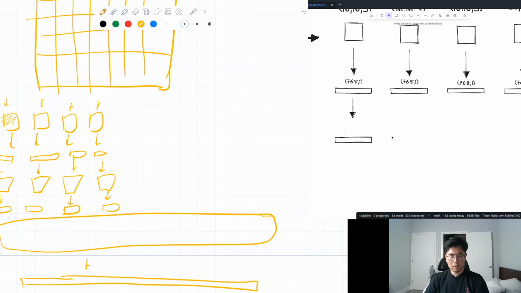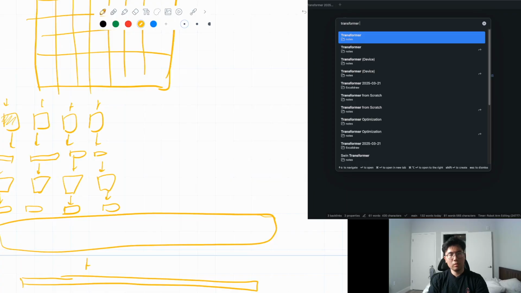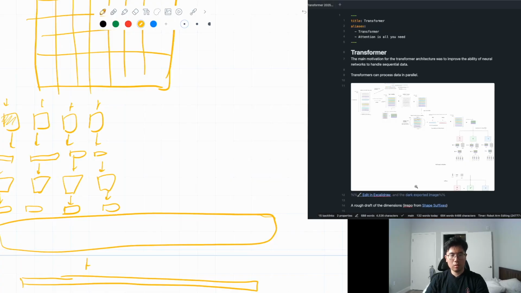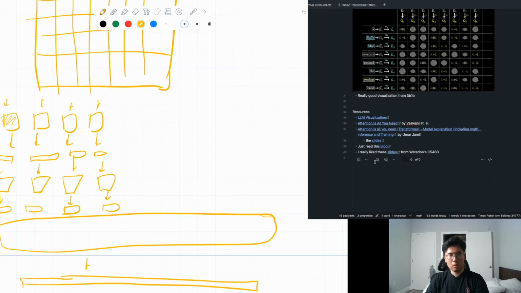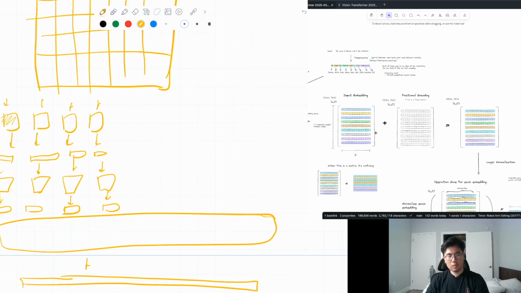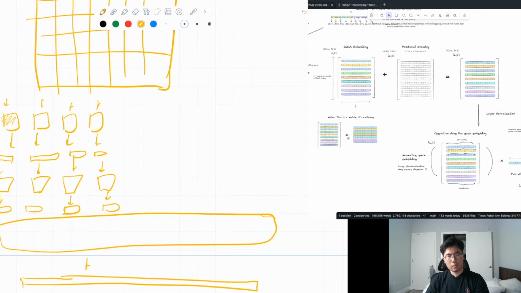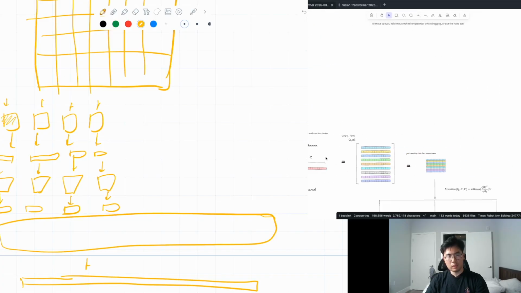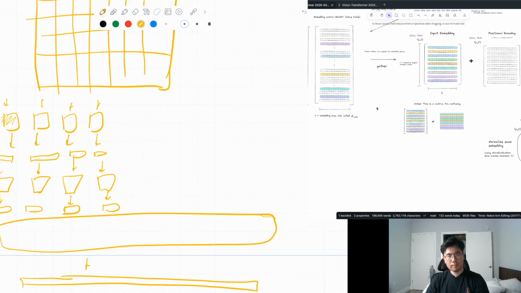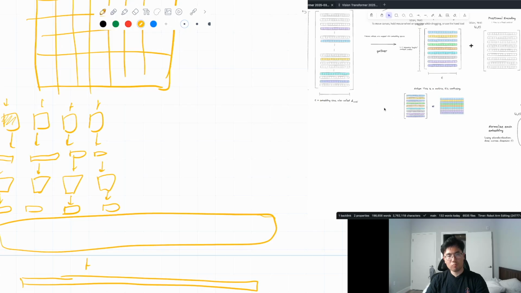Into, what do I call it? L D transformer. Okay, channel length. I don't know why I call it C. I feel like D is better.